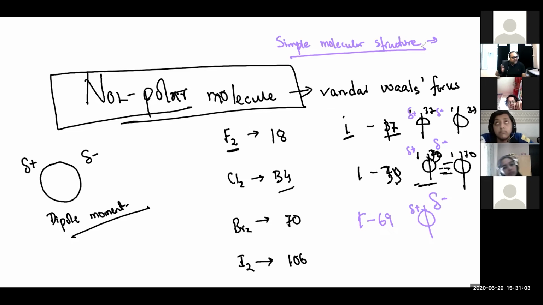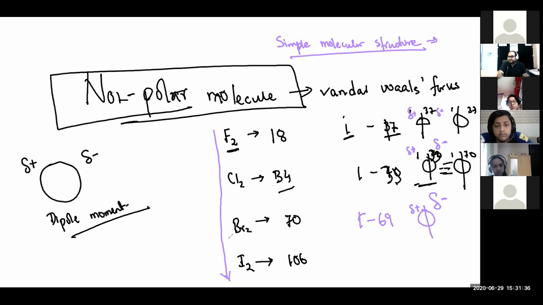Specifically, if they're non-polar, they have weak Van der Waals forces. Now group 7 also has simple molecular structure and low melting and boiling points. But as you go down the group, from fluorine to chlorine to bromine to iodine to astatine, the melting and boiling point increases.